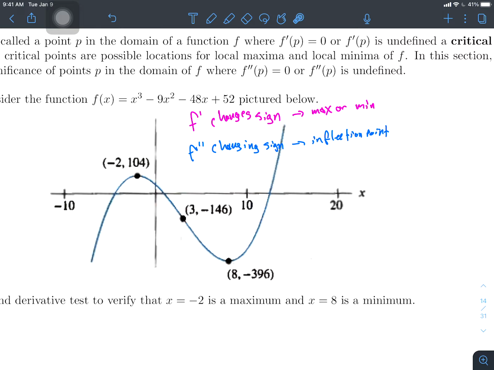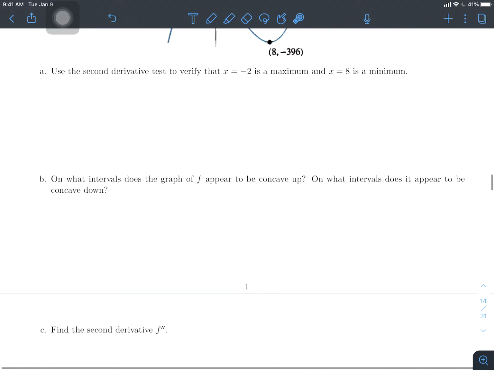However, if we have a point with the second derivative equal to 0, it doesn't have to be an inflection point. It could be like x to the fourth, which looks kind of like this, where the second derivative will be 0 at this point, but we're concave up on both sides. So just because the second derivative is 0 doesn't necessarily mean that we have an inflection point. So those were inflection points.